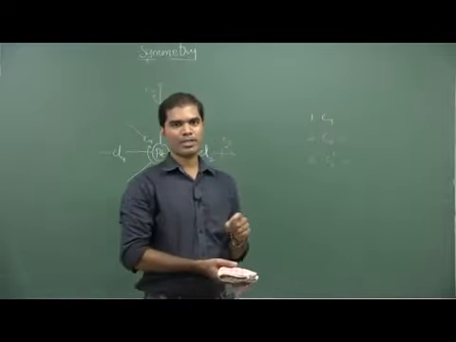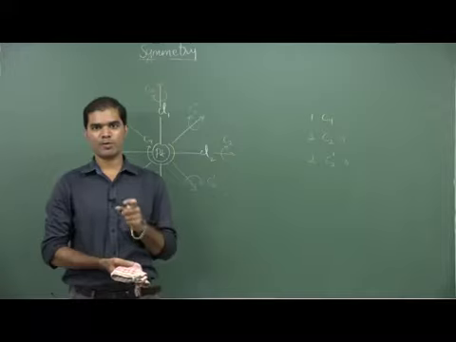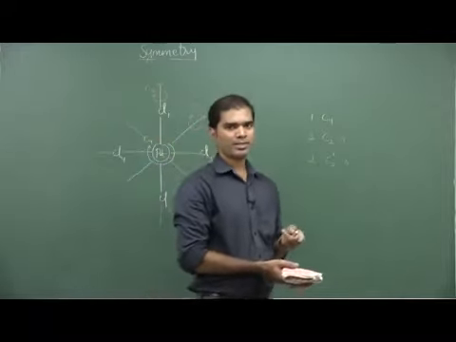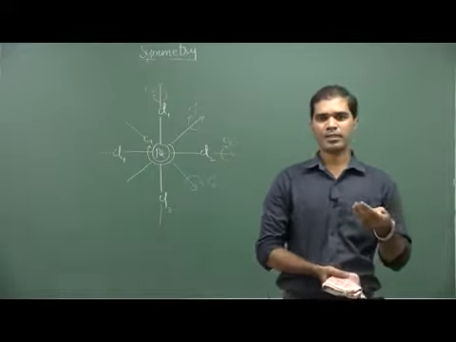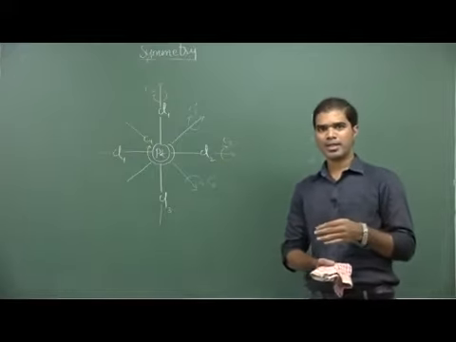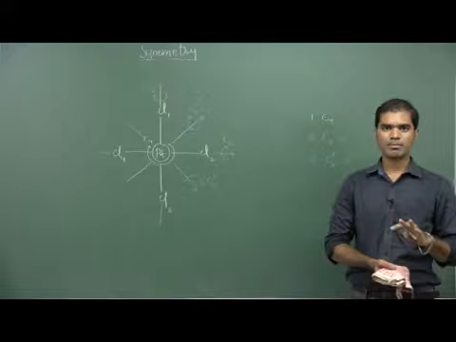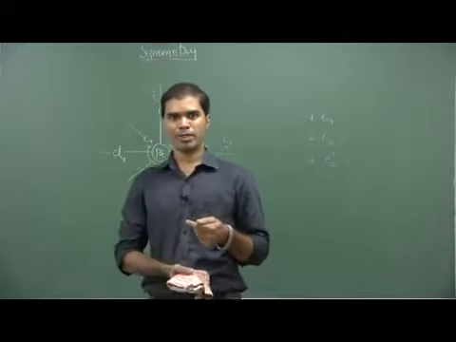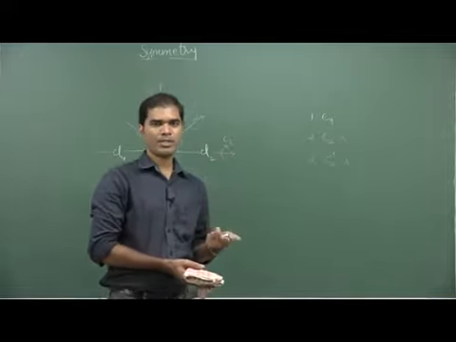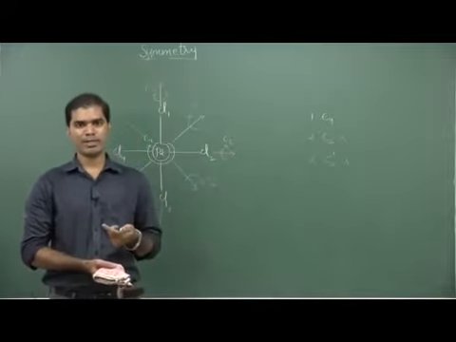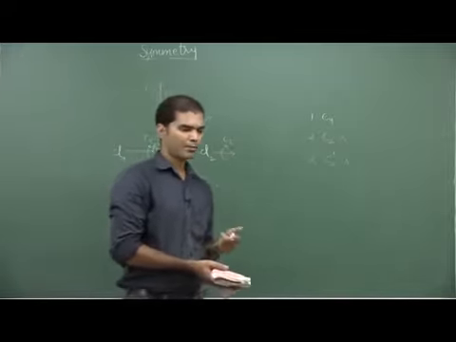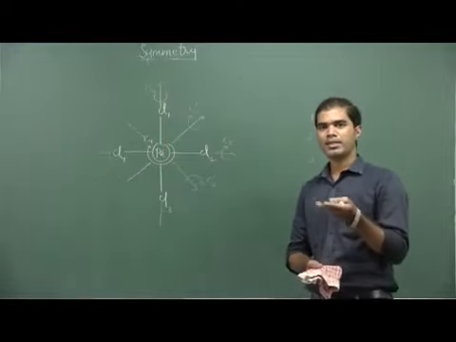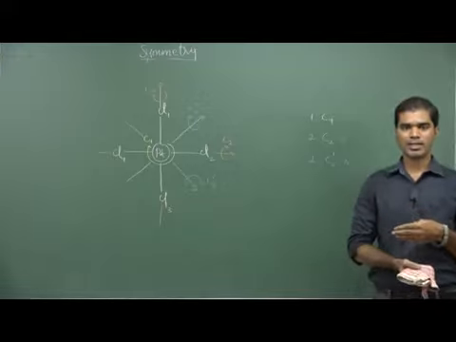Whenever such a molecule has more than one rotational axis of different fold, then the one with a higher fold is to be considered as the principal axis and the ones with the lower fold must be considered as subsidiary axes. One of the best examples that we have given is BCl3. Then we have seen an example of ethylene where we had more than one rotational axis but with the same fold. In such a case, the one which is passing through more atoms is to be considered as the principal axis, whereas the other rotational axes are to be considered as subsidiary.